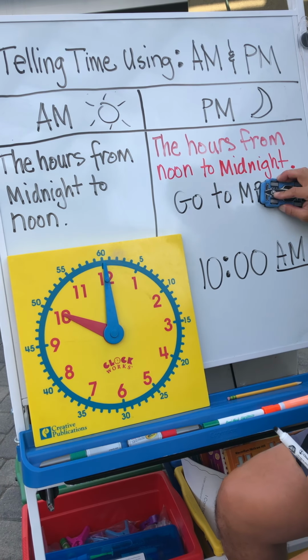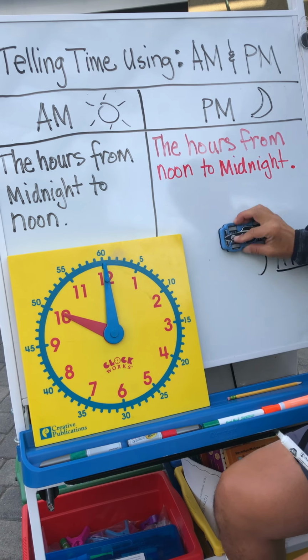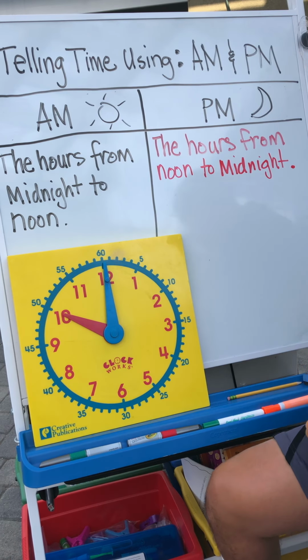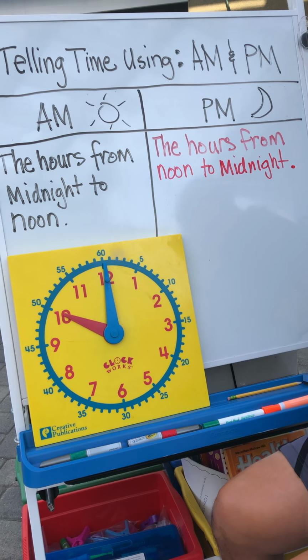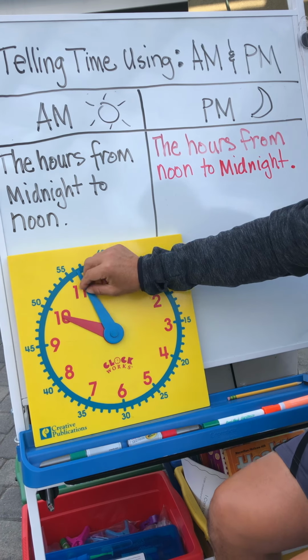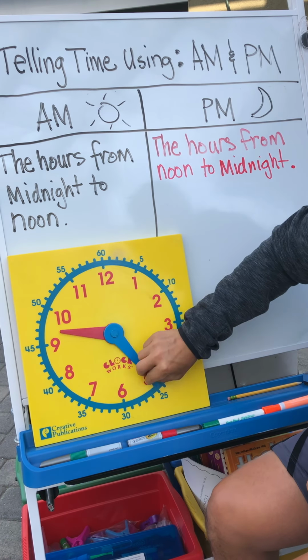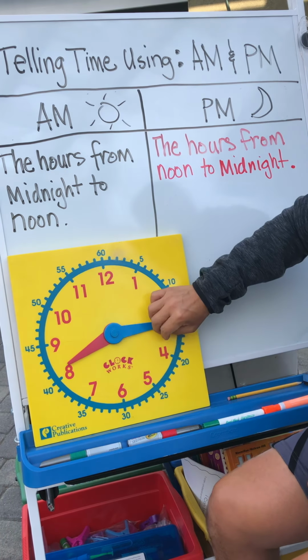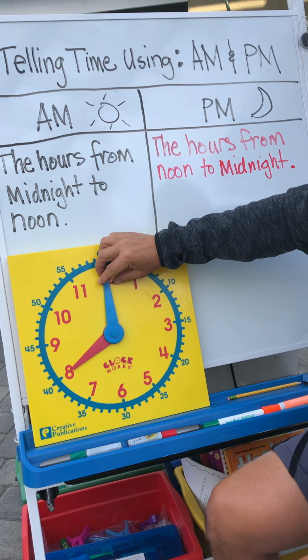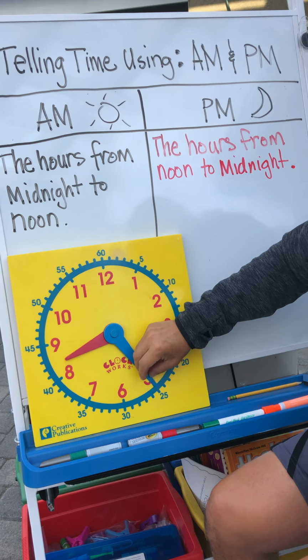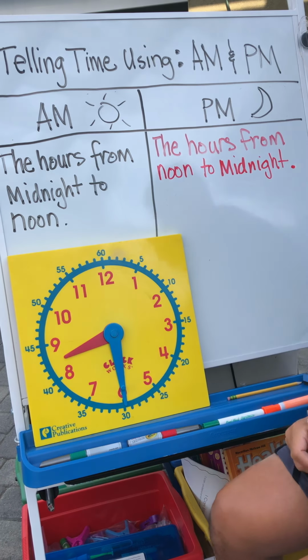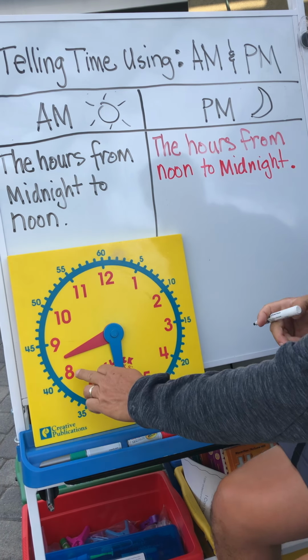Okay, so let's pretend, and we're going to put a new time now. Let's pretend that it's this time. Let's go backwards. Okay, so here's 8 o'clock, and I think I want to make it 8:30. So the time is 8.